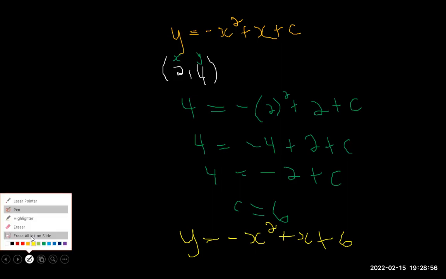Okay. So the only reason I did that is because I need the equation of the curve in order to find the area of the region. So recall the formula. A is equal to the integral from a to b of f of x dx, where a and b are my limits.